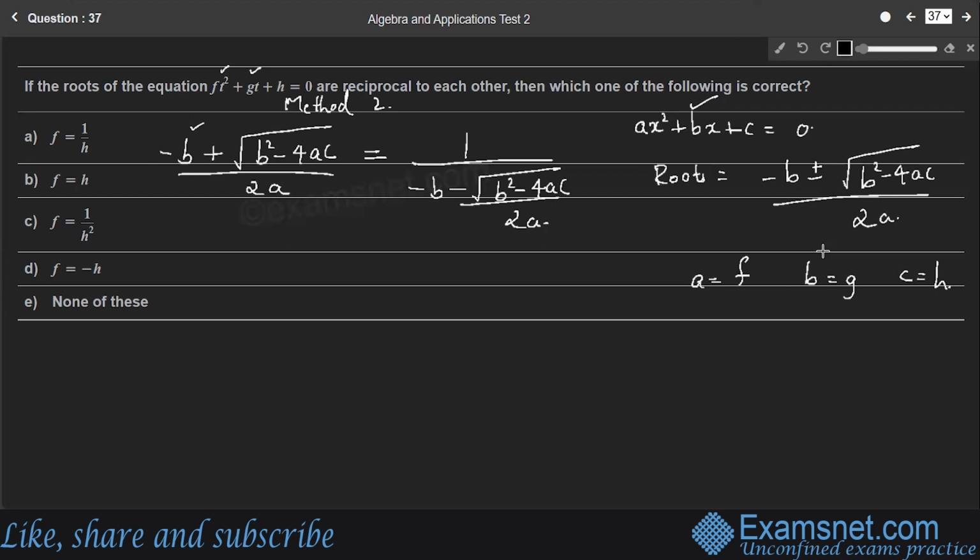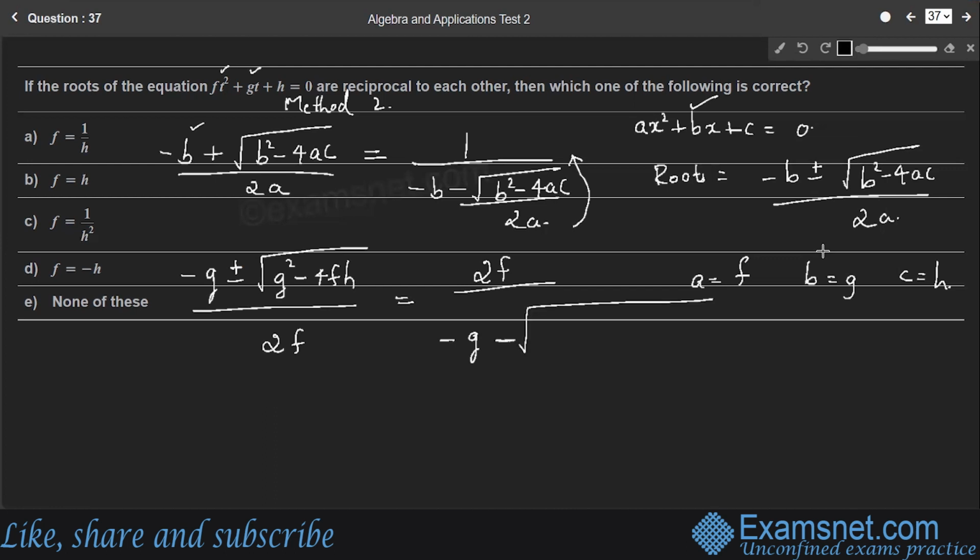Keeping this in mind, we'll write the roots. Here minus b becomes minus g plus root of g square minus 4fh, divided by 2a, which is 2 times f, is equal to, when this 2a is the denominator of the denominator, it goes to the numerator, 2 times f divided by minus g minus root of g square minus 4fh, right?